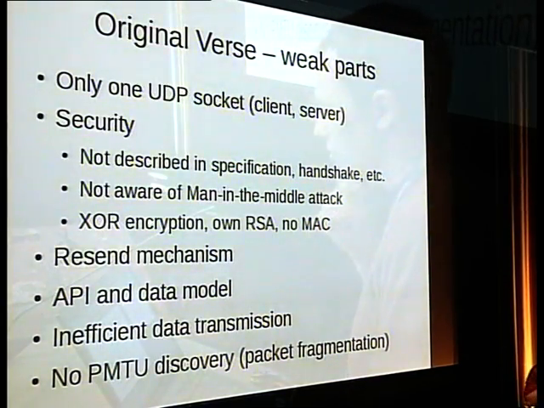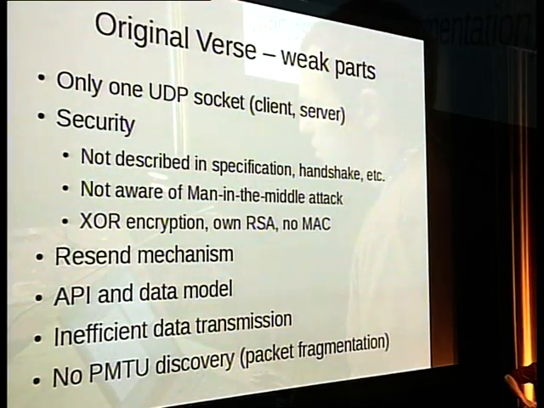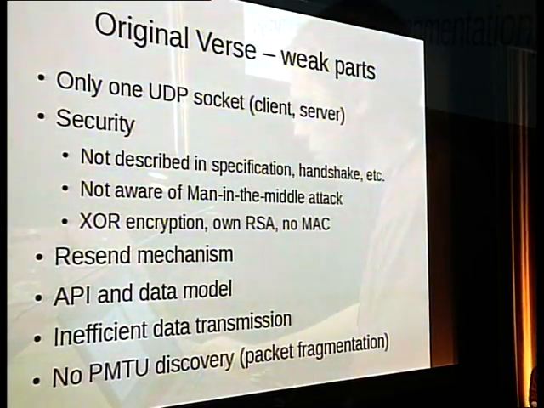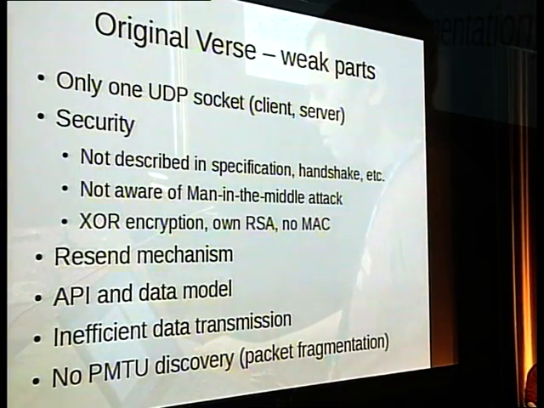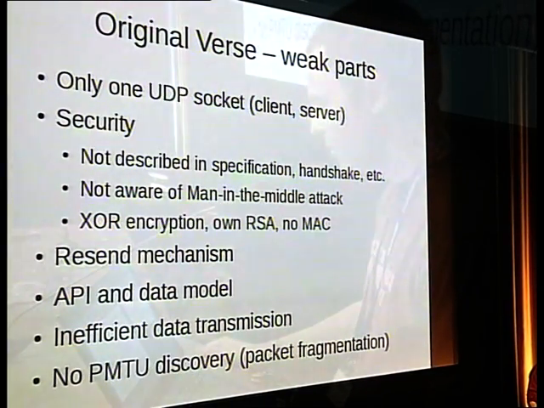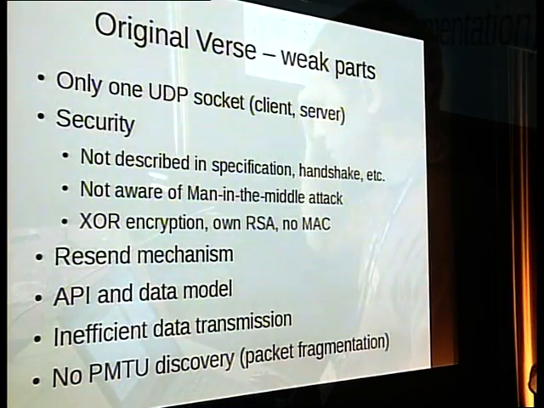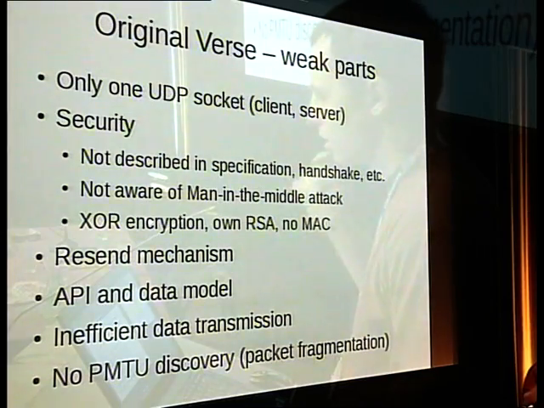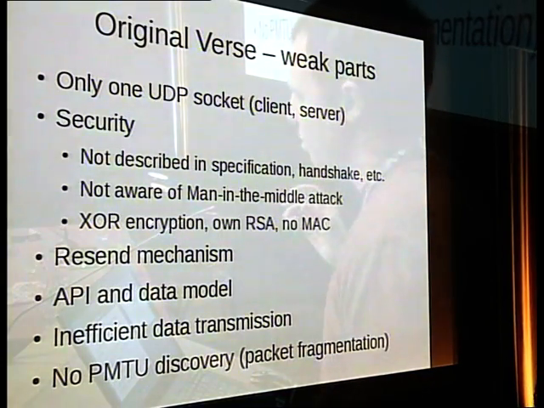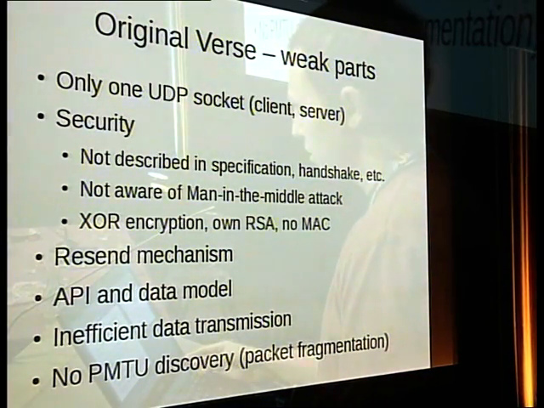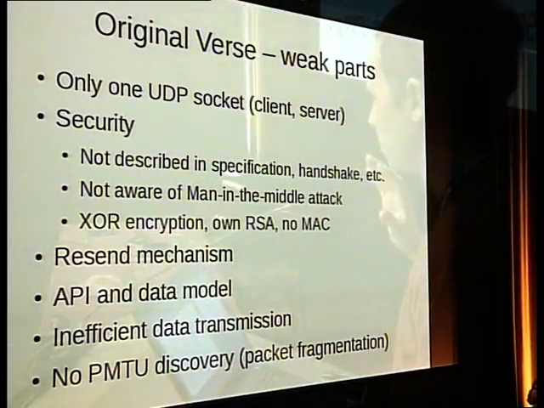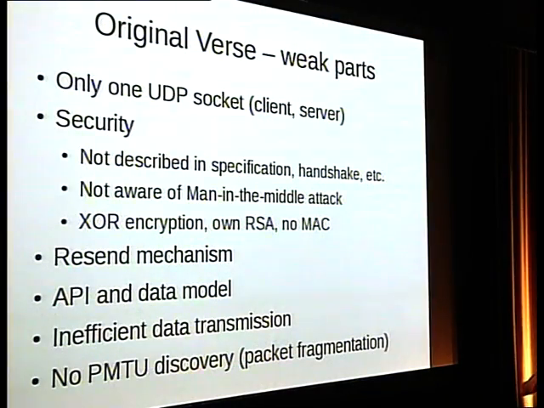The API of the old Verse has many weak parts. I will talk about it later. The transmission of data could be improved too, because there are many duplicities when you send, for example, many vertices or many colors of vertices.